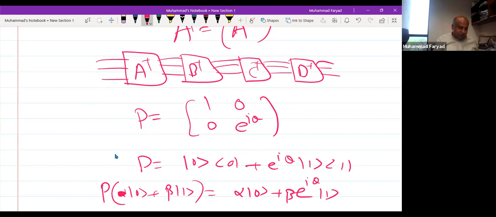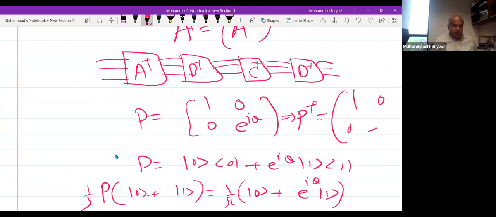As a matrix, this is 1, 0, 0, exponential iota theta. And its P dagger would be what? Its P dagger would be 1, 0, 0, exponential minus iota theta. Because when we take a transpose, because of the zeros, the transpose gives the same matrix. But when I take the dagger, I get exponential minus iota theta. So it means a phase gate has its inverse as a phase gate with a minus of this phase.